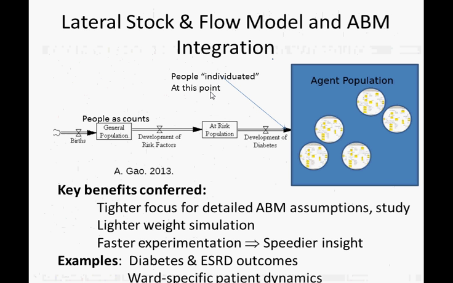And by the way, we could have them then flow back to the aggregate population after that if at some point we've dealt with their needs and they're at lower risk again. So here we can get great economies, both in terms of how quickly we can build the model and in terms of how fast it runs, by characterizing the broader population in an aggregate way.